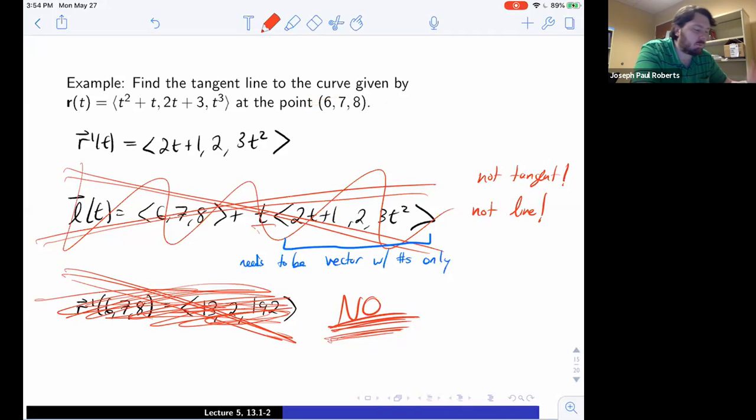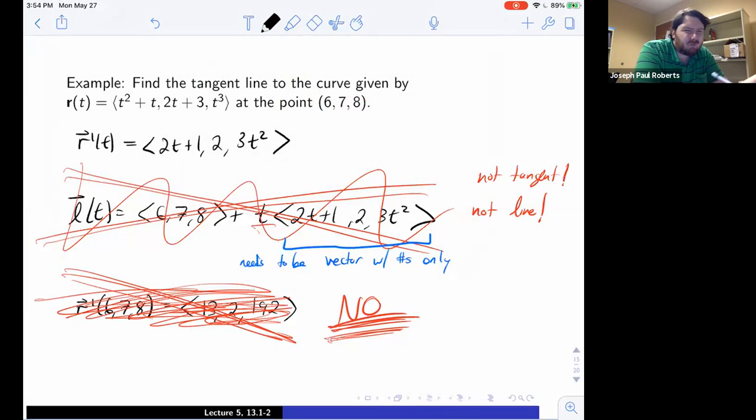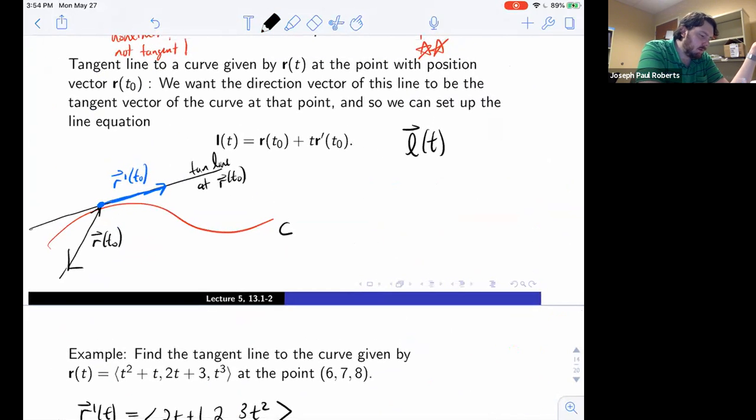But if you stop to think about it for a moment, you'll be able to figure out the only thing that would make sense to do. If you look back at this picture, this point here, that's our point 6, 7, 8 that we're talking about. What I need to do is figure out what value of t I plug in to R to get 6, 7, 8.